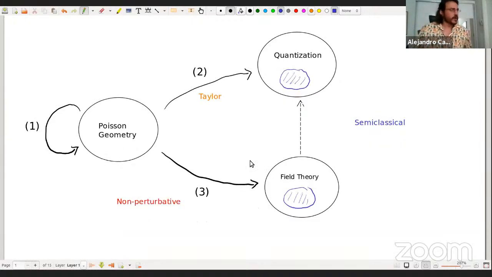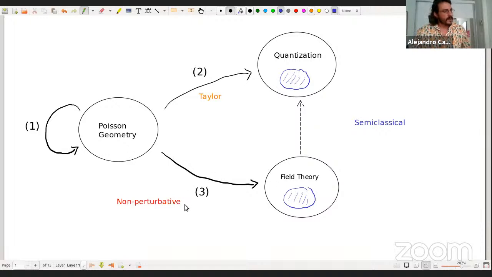I also want to explain quickly some of the things that appear in the title. The semiclassical part refers to the fact that we will not be addressing the full quantization. For example, if there is a quantization formula, it will only be an extract that we will be dealing with. And the same happens here.